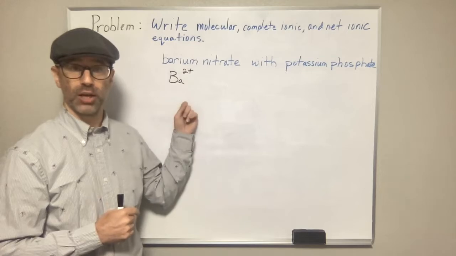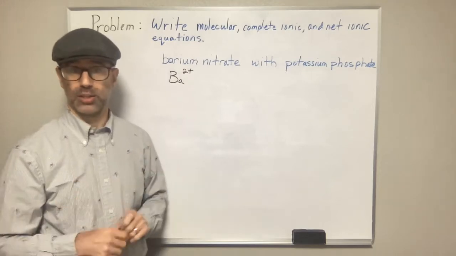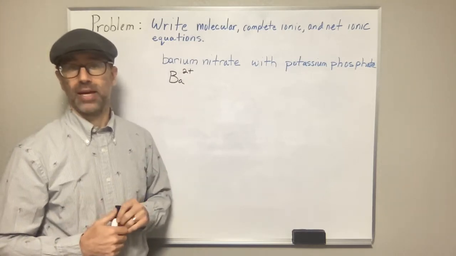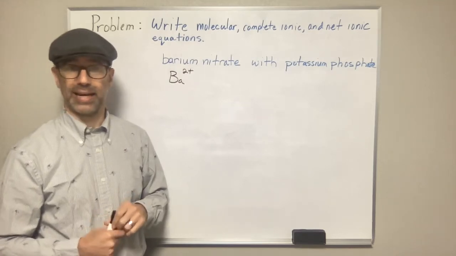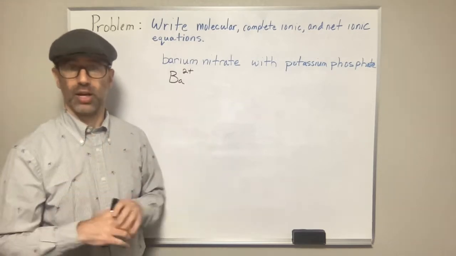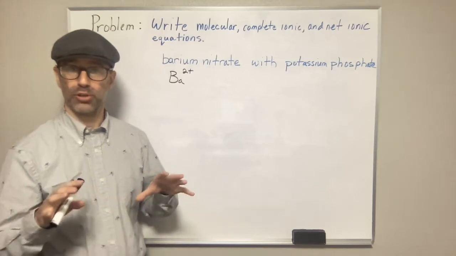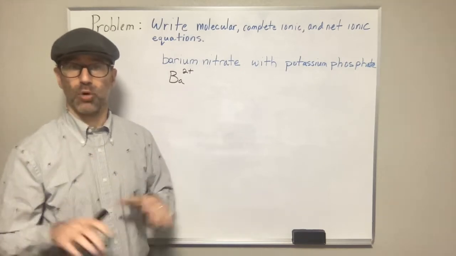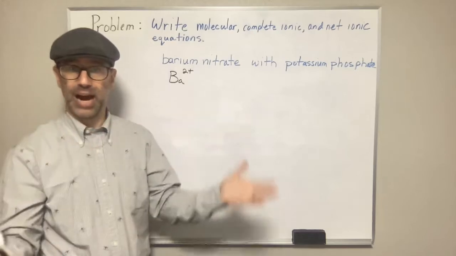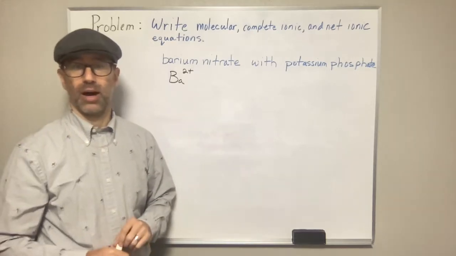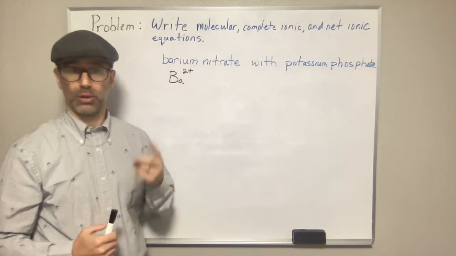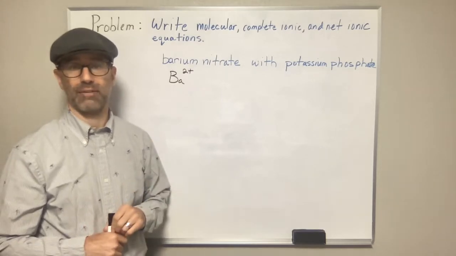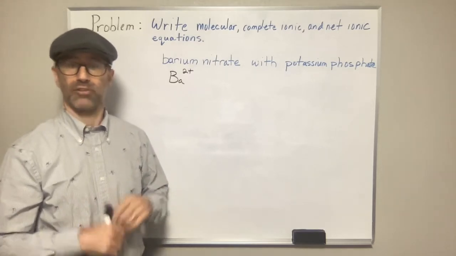Barium has 2 valence electrons because it's in group 2A, so it's very easy for it to lose the 2 electrons and get that noble gas configuration. Remember, they're trying to get a noble gas configuration, which is a complete outer shell of electrons. By losing those 2 electrons, it will have a complete outer shell, and so it'll do that.